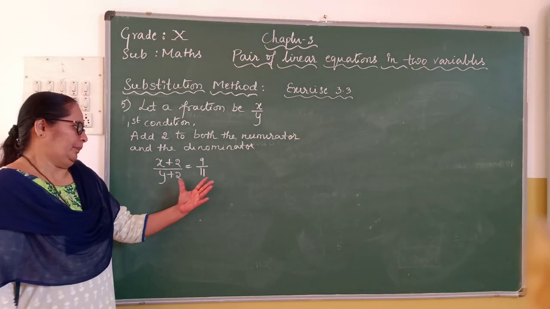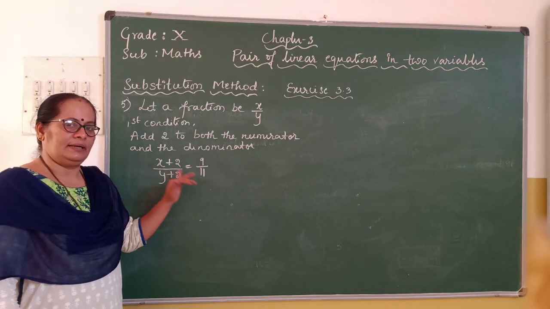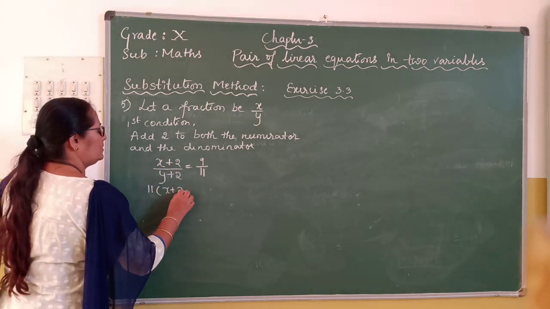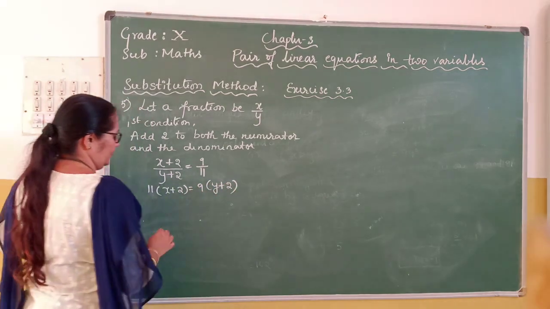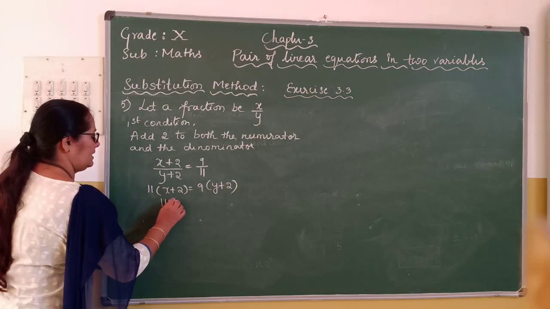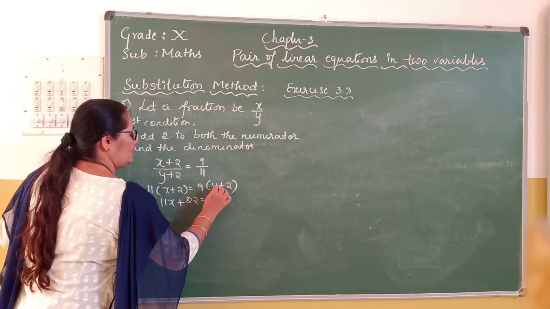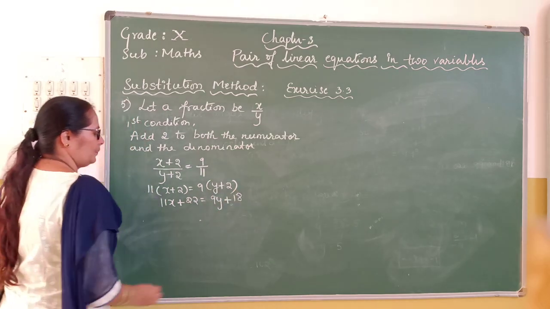Now, you have to bring it to linear form by cross multiplication. So 11 into x plus 2 equals 9 into y plus 2. 11 into x, 11x. 11 into 2, 22. 9 into y, 9y. 9 into 2, 18.